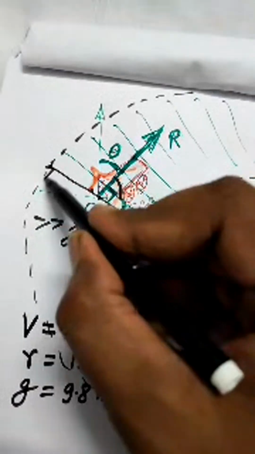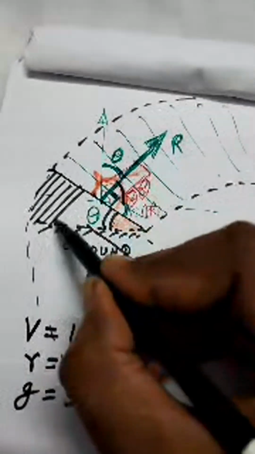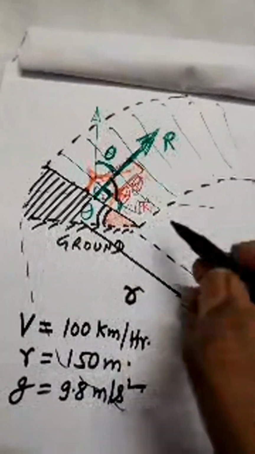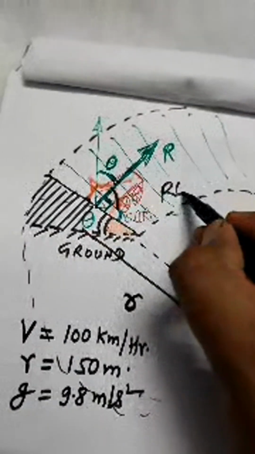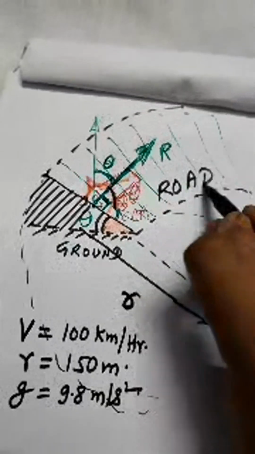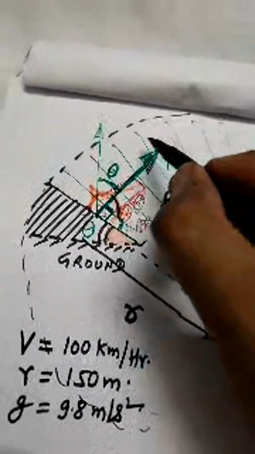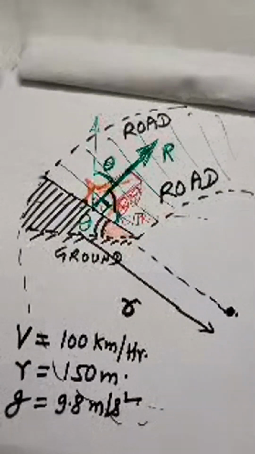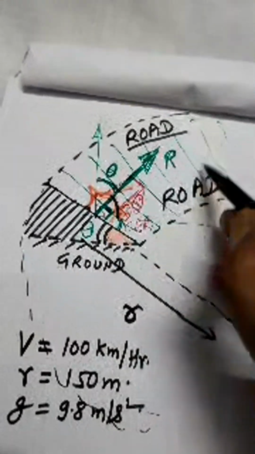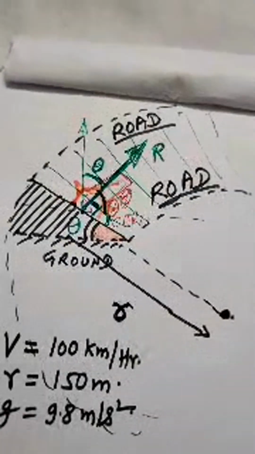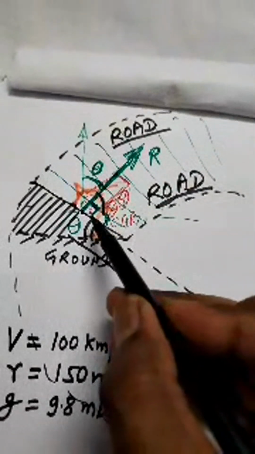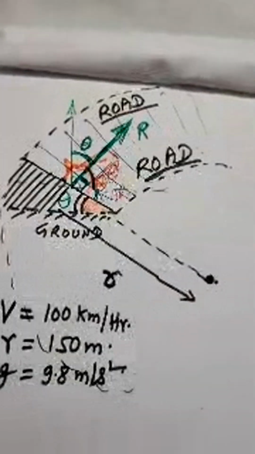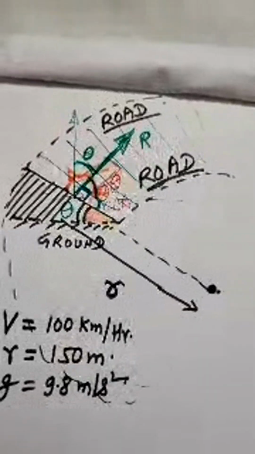So this is the ground, this is the solid surface, and this is the road. Now the car is standing on this. Actually, it's not standing.